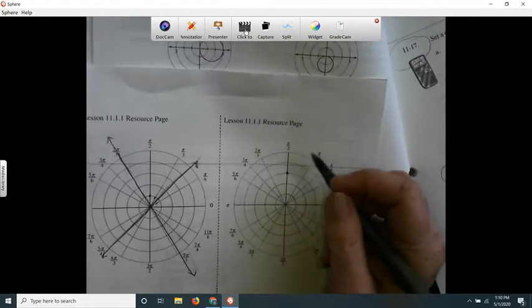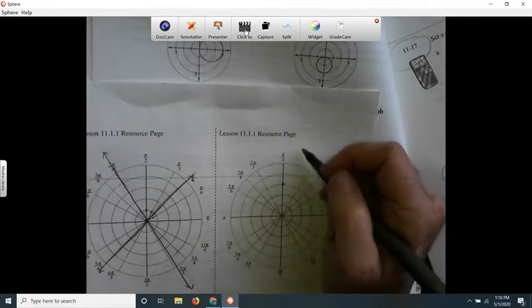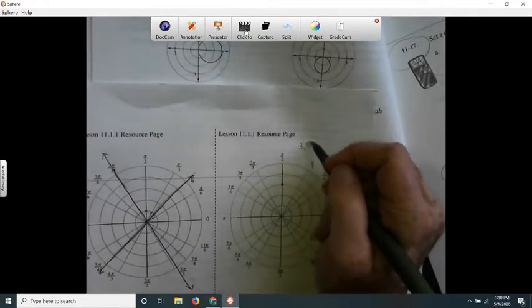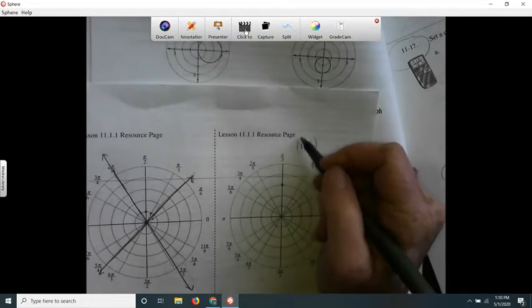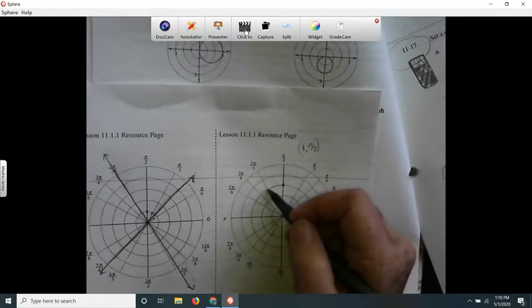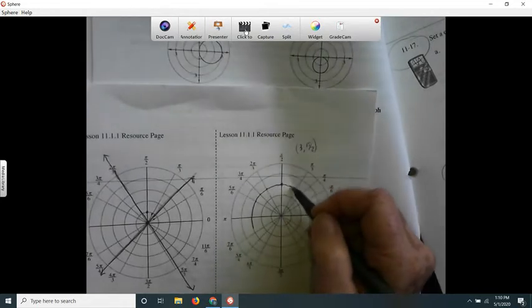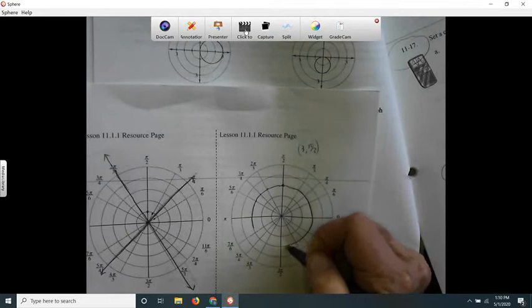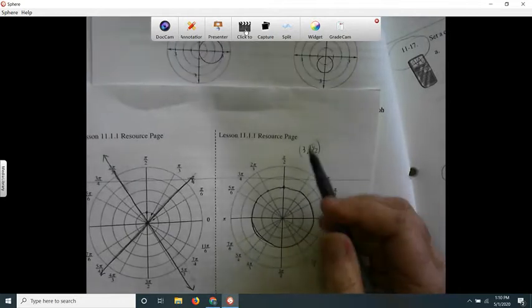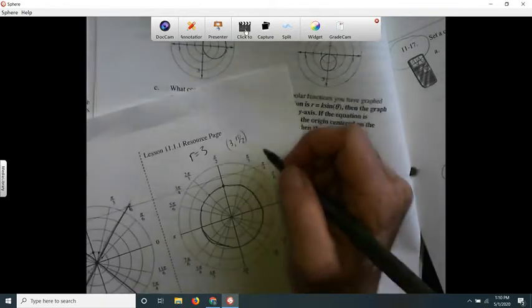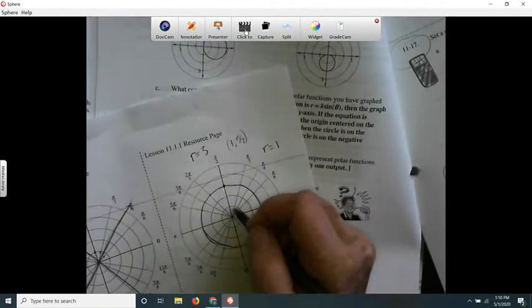I could say 3, pi over 2. As long as my r is 3, I can use any angle measure. So it's basically going to be a circle, like that. So that would be r equals 3. If I wanted r equals 1, I'd have this circle.